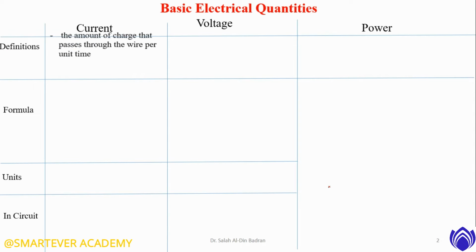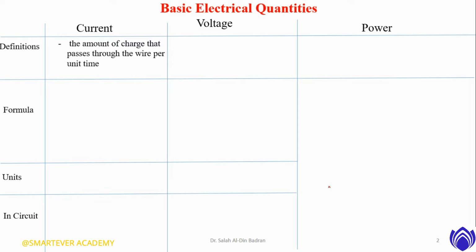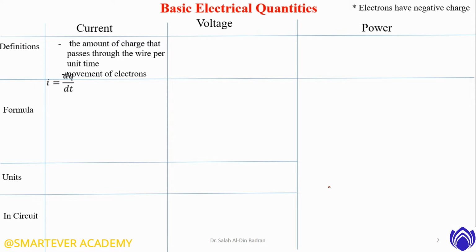The current is the amount of charge that passes through the wire per unit time, or we can also define it as the movement of electrons or the flow of electrons. Electrons have negative charge. The formula for the current is dq over dt, where q is the charge and t is the time.